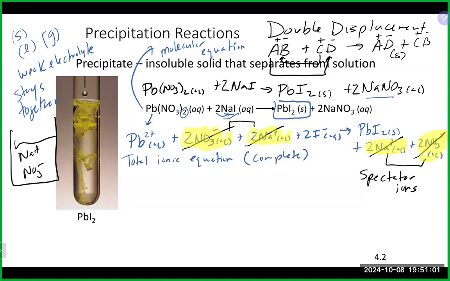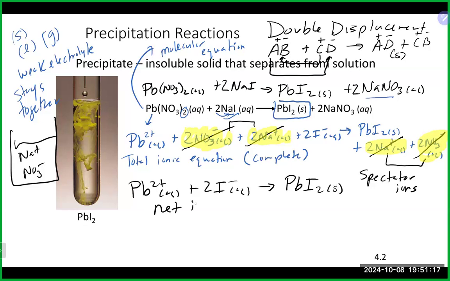And what we are left with is the third type of equation, which in this case is lead with a +2 charge. And our 2 iodides will come together to make my lead 2 iodide, which is this yellow solid. This is what is referred to as the net ionic equation.